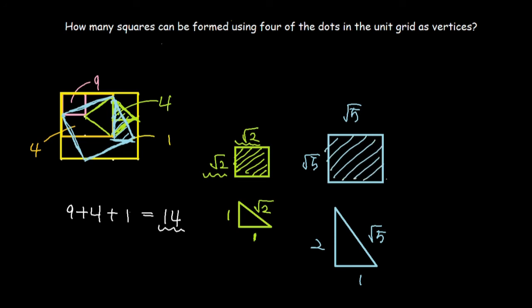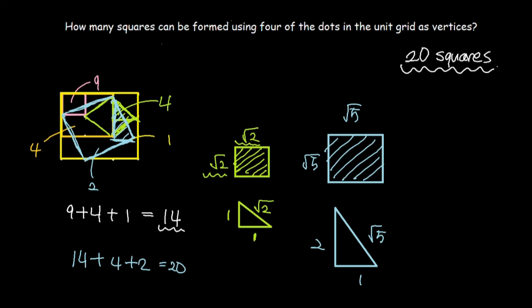Try to look for how many squares you can form, and you'll get 2. So to 14, you should add 4 plus 2, because you can find the radical 2 by radical 2 squares and the radical 5 by radical 5 squares. This is going to give you the answer 20. So the answer to this question is going to be 20 squares.